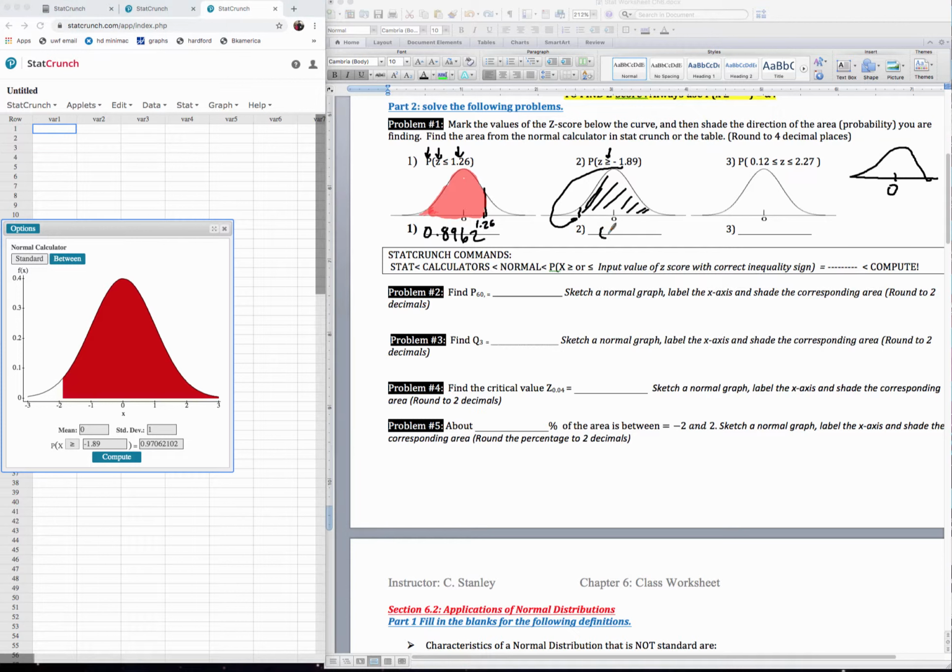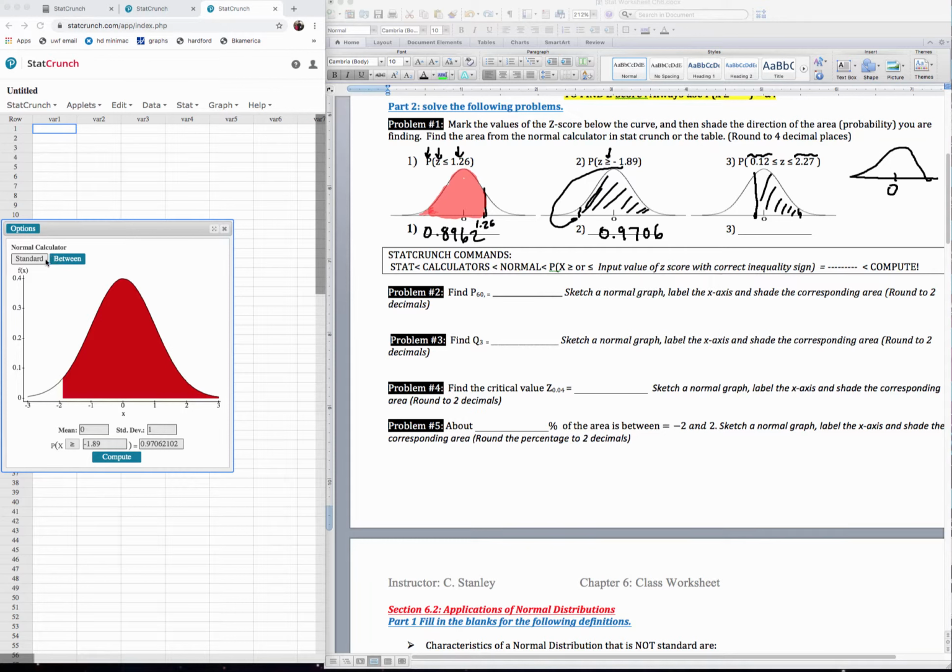So this is 0.9706. Okay, so the next one over here, this is a between. So this number right here is right about there. And this 2.27 is kind of over here. So what I'm going to do is draw a line to the top here, draw a line to the top. I'm trying to find this middle thing. Remember, the area, the probability, is always under the curve.